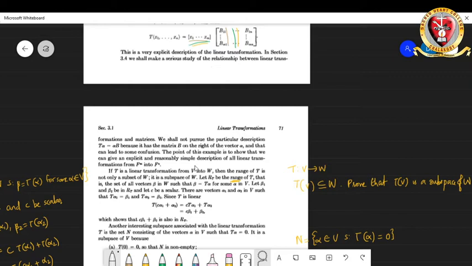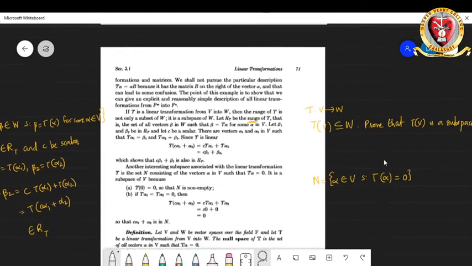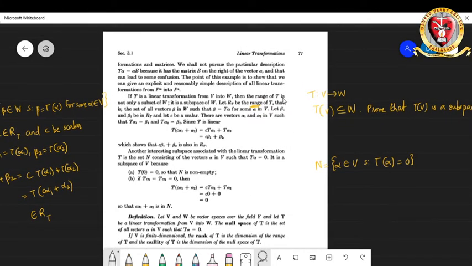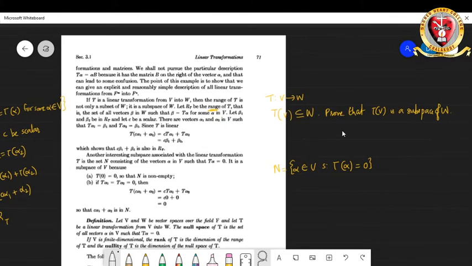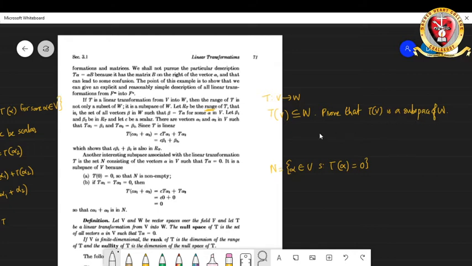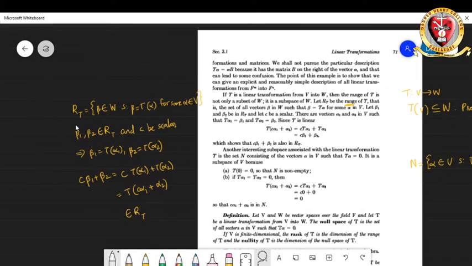Okay, suppose T is a linear transformation from V to W, then the range of T is actually a subset of W, right? If T is a function from V to W, we know that T of V is contained in W. We have to prove that this T of V is a subspace of W, and this T of V is also denoted as R suffix T. It is nothing but the set of all beta in W such that beta is equal to T of alpha for some alpha belonging to V. So for that, take two elements inside RT and let c be a scalar.